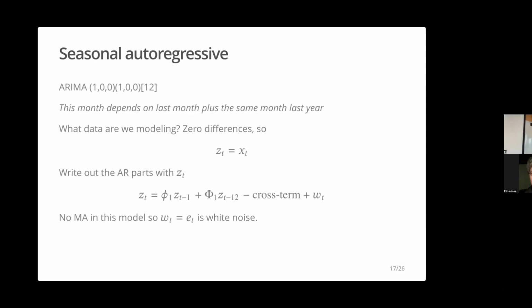January depends on February. Depends means if we knew what February was, it would tell us a little bit about what January is going to be. So it has that plus a seasonal part, plus the same month last year. So January is affected by February plus whatever January was last year.